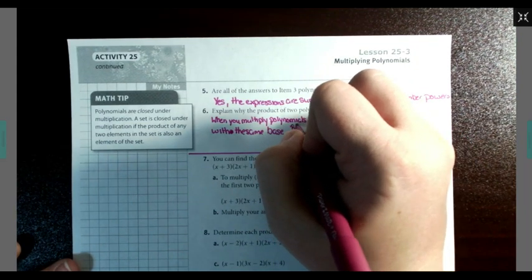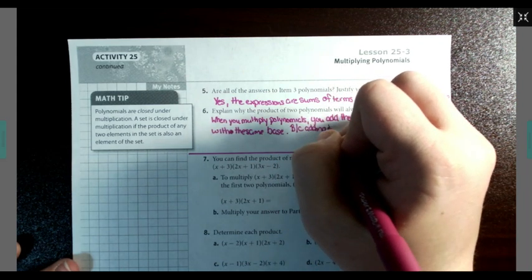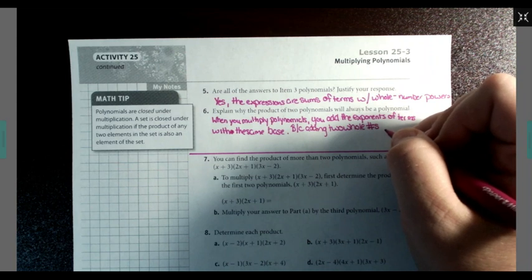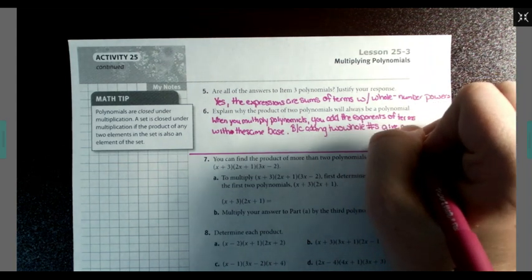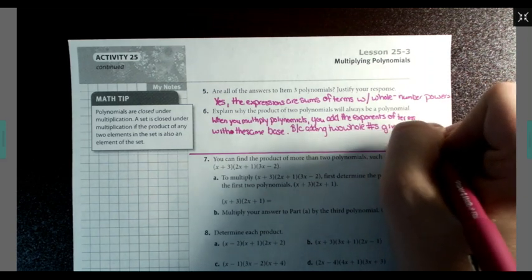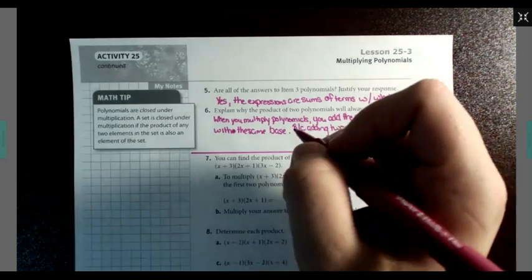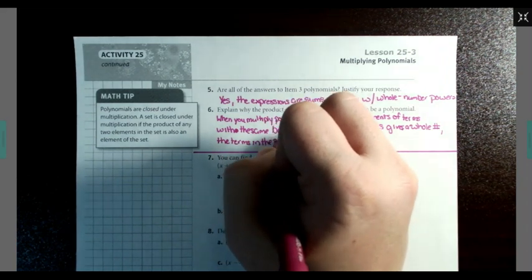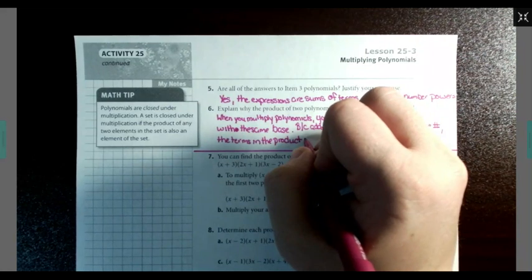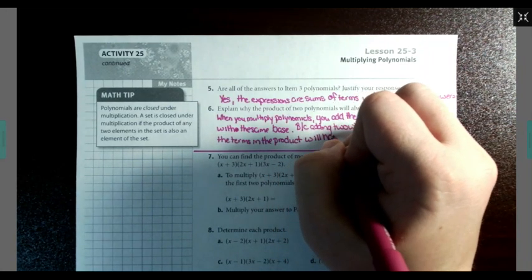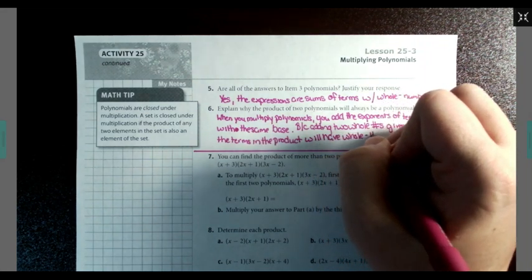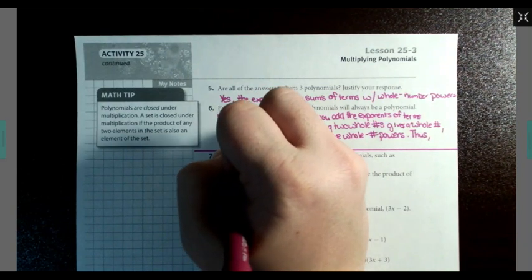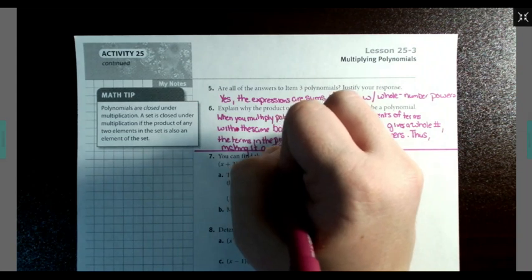Because adding two whole numbers gives a whole number, the terms in the product will have whole number powers. Thus, making it a polynomial.